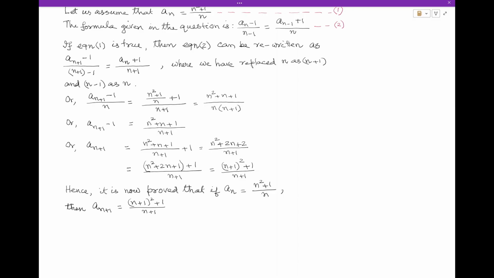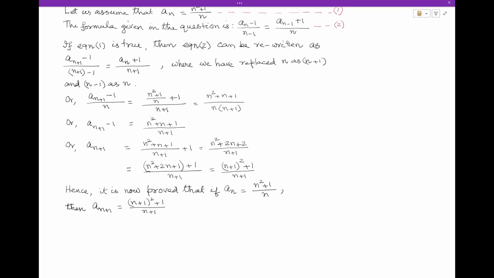Hence, it is now proved that if an is equal to n square plus 1 divided by n, then an plus 1 is equal to n plus 1 whole square plus 1 divided by n plus 1.